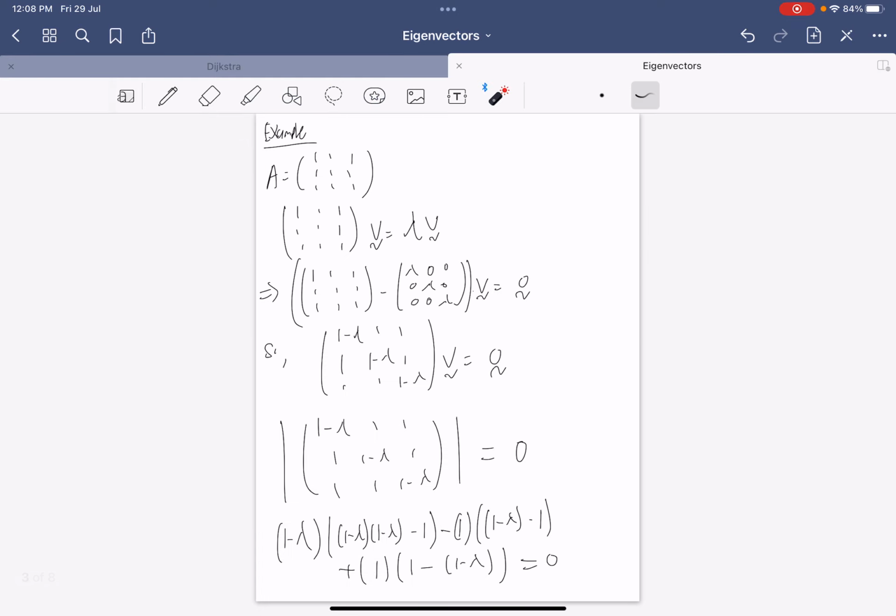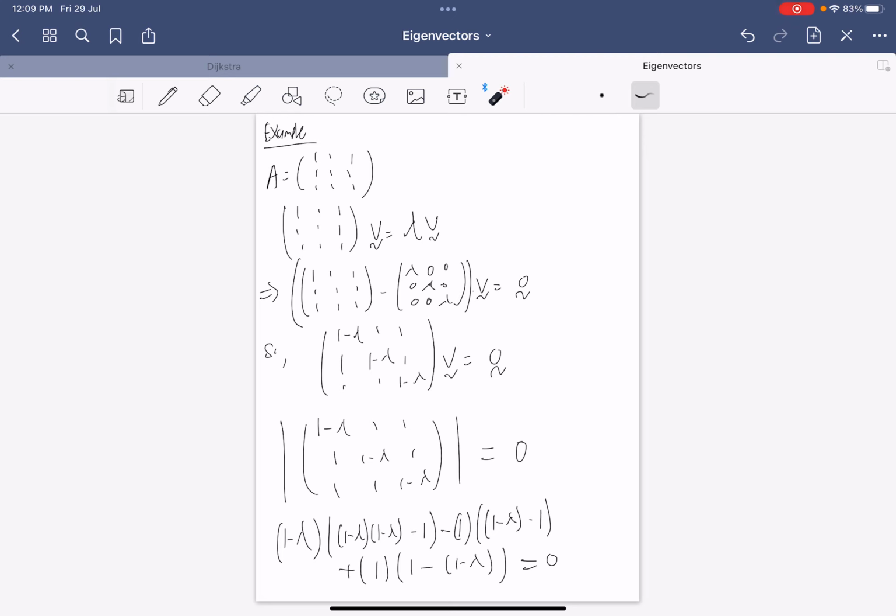An example is shown. You have the matrix A, filled with all ones, times V equals lambda V. You bring this over to the left-hand side, so it's a diagonal matrix with all lambdas. Simplify it, you get this, and then you do the key step of finding the characteristic polynomial equation, which is just taking the determinant of this matrix and letting it be 0.